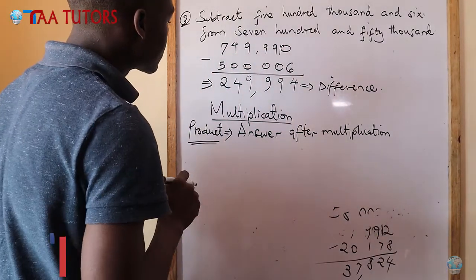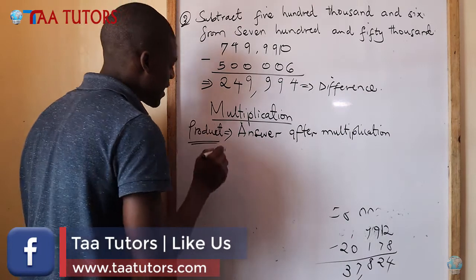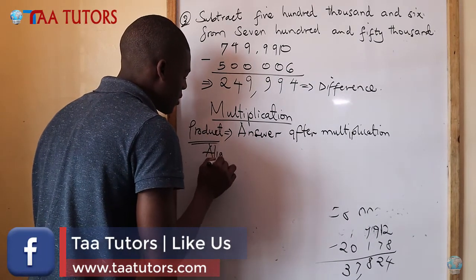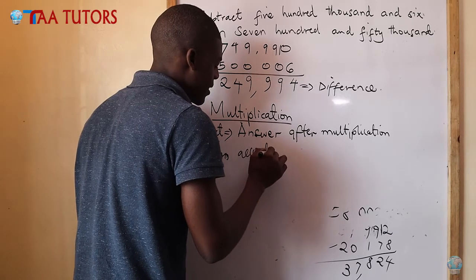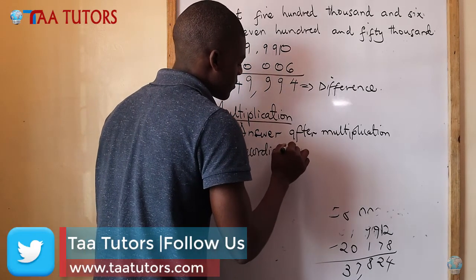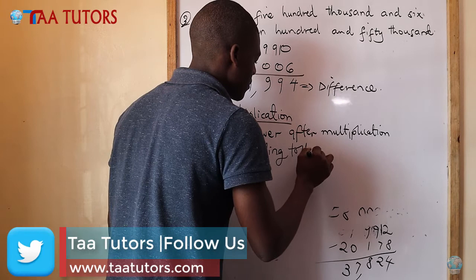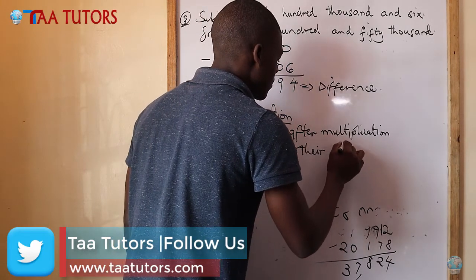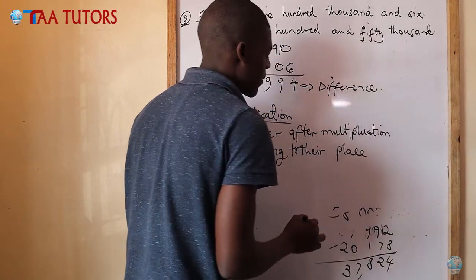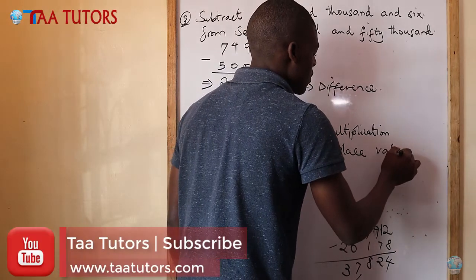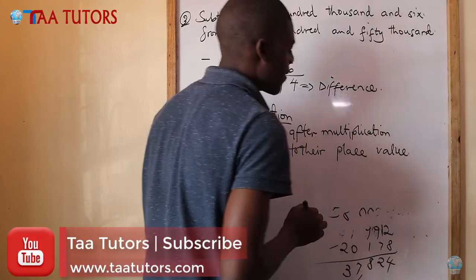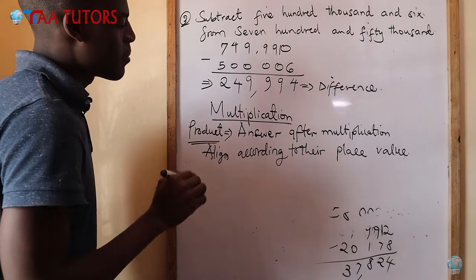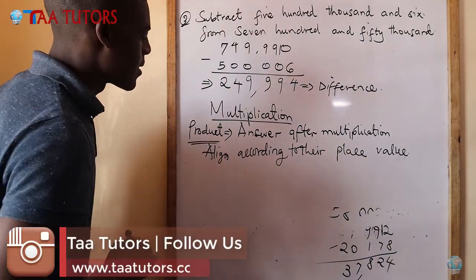And it is very important to note that we must align the values according to their place value correctly. This is a very key thing that we must do for these operations. We must put them to their place value first.